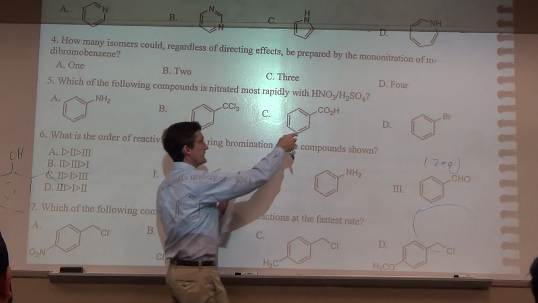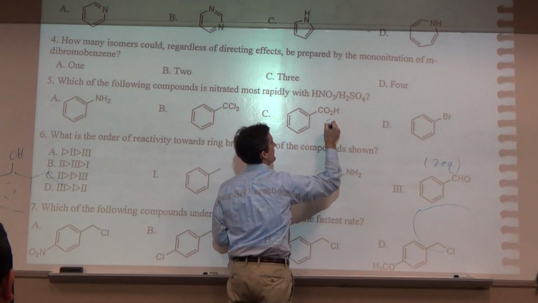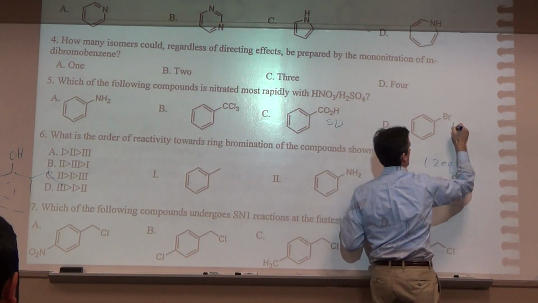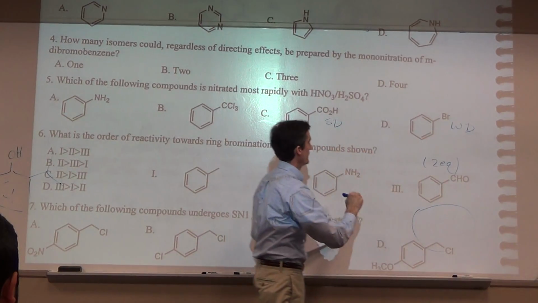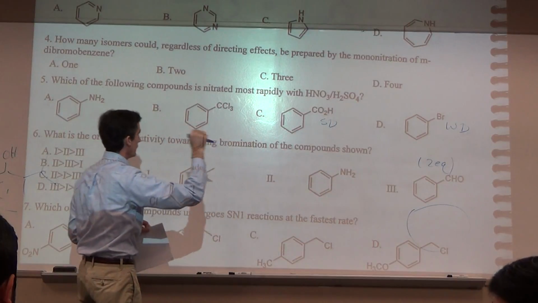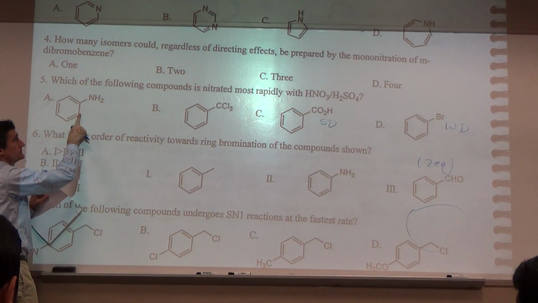Okay, what type of activator or deactivator is this? Strong deactivator. How about this? Weak deactivator. So bromobenzene would nitrate faster than this. But is that the fastest? How about this guy? Trick question.